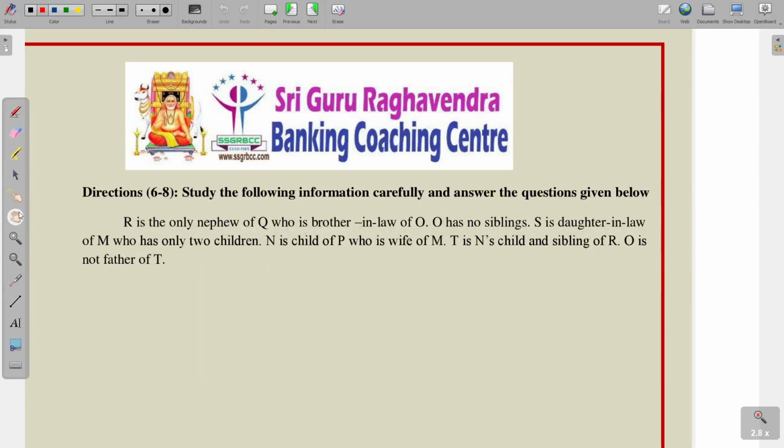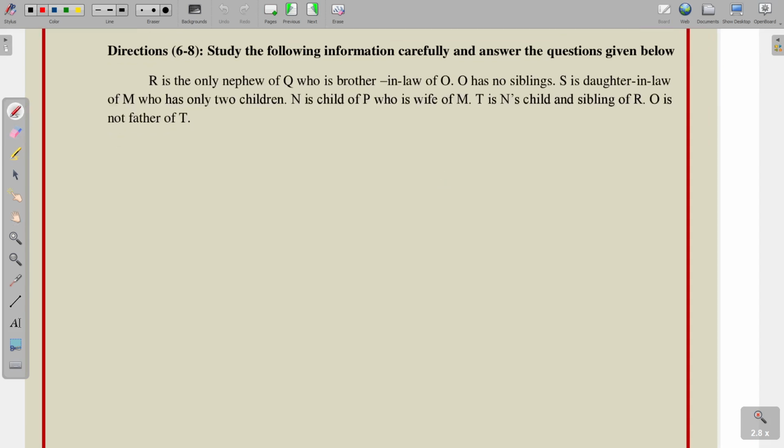Next, we have blood relation. See the question, R is the only nephew of Q who is brother-in-law of O. O has no siblings, so R is the only nephew of Q. Suppose R is the male candidate, and the father or mother is the brother or sister of Q, and also Q is the brother-in-law of O. It means O is either the wife or husband of this person, and also Q is the male candidate.